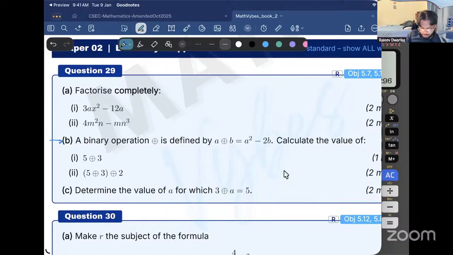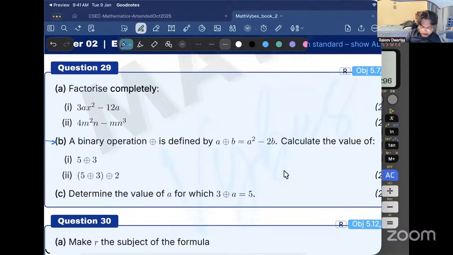Calculate the value of 5 circle plus 3. Okay, cool. So hear this now.